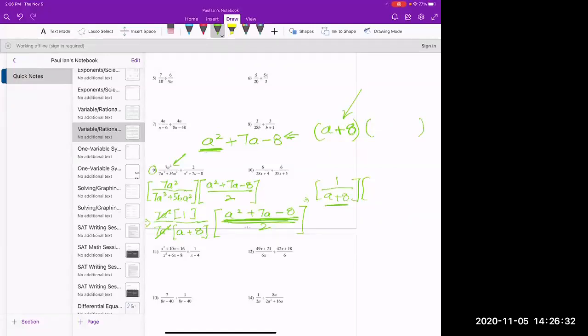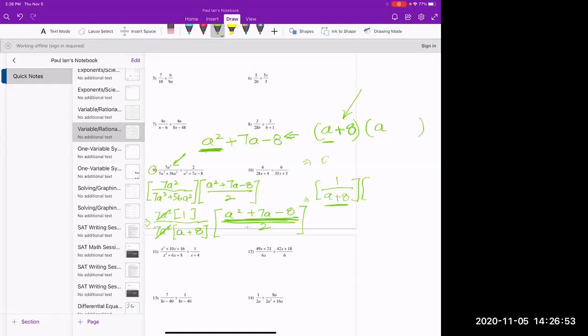So what do you multiply a by so that you can get a squared? A. So that's the first term. That's easy. But now you're multiplying this together, so it's not just a squared.